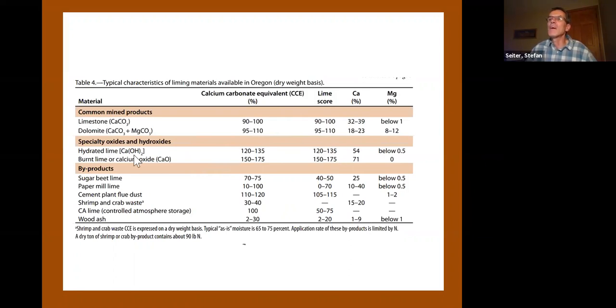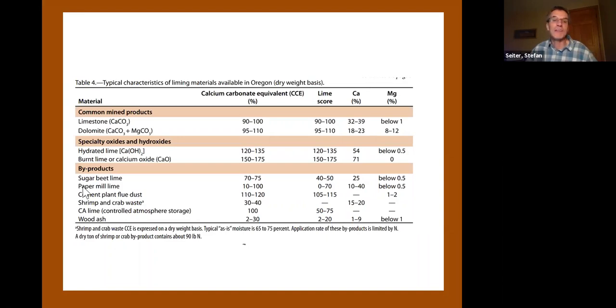There are some other lime sources that are more active, so we need less of them. And there are some other ones listed here. Some people use wood ash. It can have a significant amount of calcium in it, but you would need a lot to really make up for that.